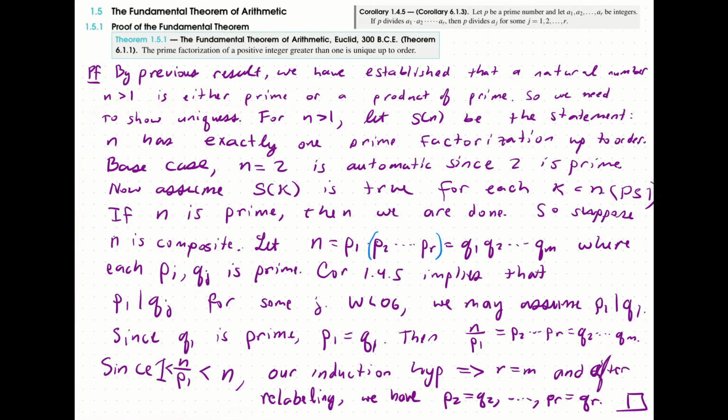And we're going to go through induction, just as we did with the original one. So we had a statement S of n, where S of n was a statement that n has exactly one prime factorization up to order. In our case, since we are doing it over the Gaussian integers, we're going to extend this statement so that it's exactly one prime factorization up to order and units. And we're going to do strong induction to prove this.